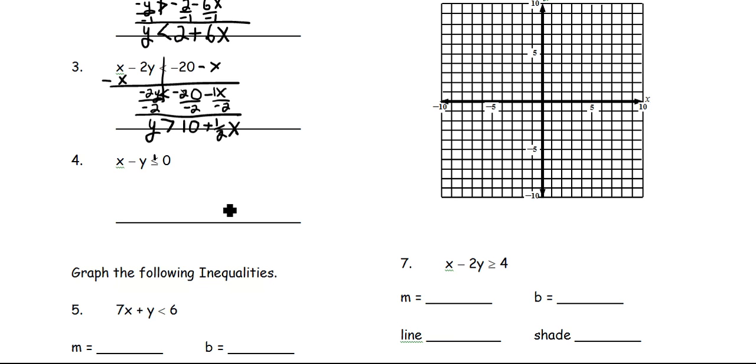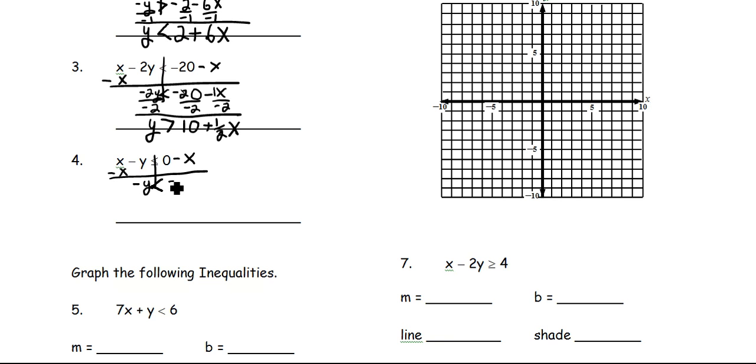So let's go down to number 4. Same way. And you see we're going to have to put in our coefficients. Again, we have negative y. Now, we don't need to bring down the 0. We just need to bring down the negative x.